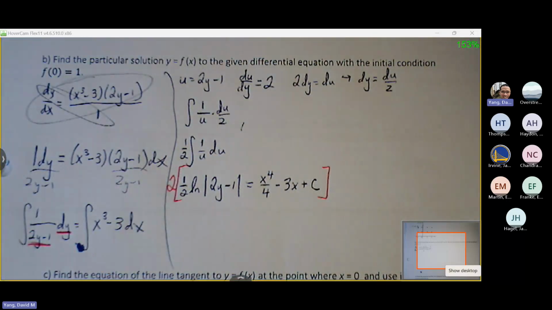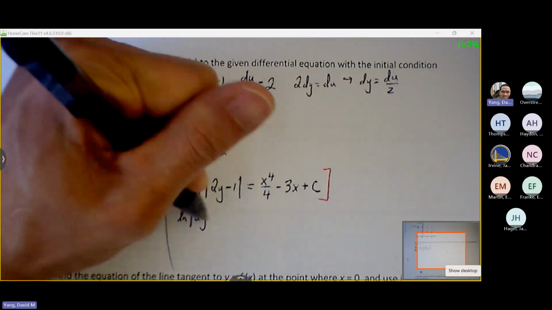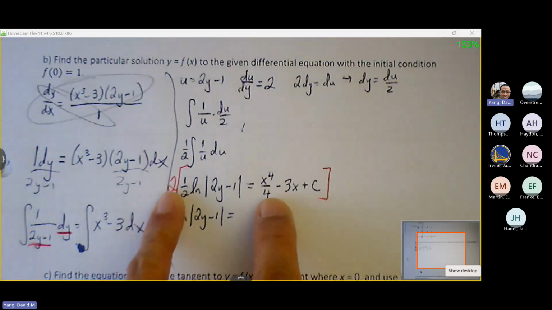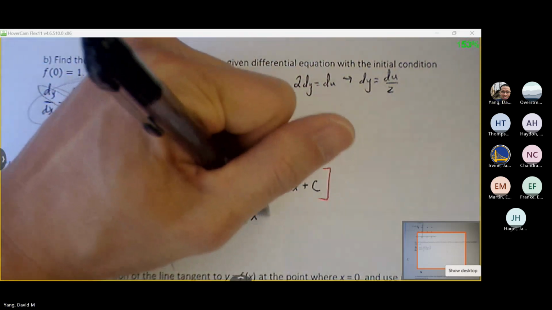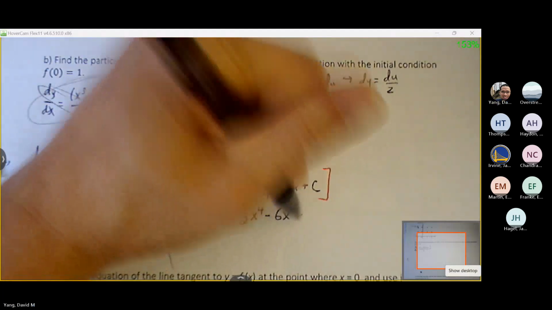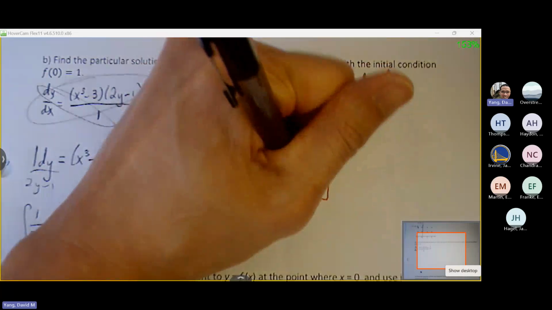I'm just trying to clean up that left side, and as I clean up, I can also move towards solving for y. So I'll distribute the 2 through. 2 times 1/4 is going to be 1/2. 3 times 2, 6x. And then 2 times c, I know that's just a constant, so I'll still leave it as a c.